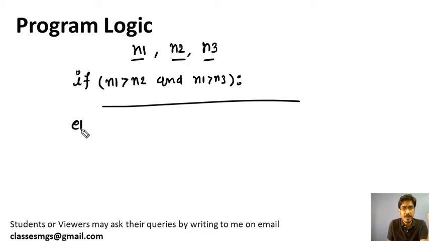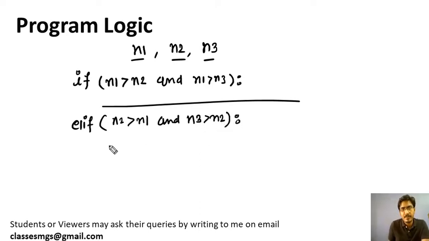Let's suppose the upper case was not true, then what will we do? We will compare n2. Let's suppose n1 is not the greatest number, then what might be possible? n2 might be the greatest number. So we will check n2. If n2 is greater than n1 and n3 is greater than n2, then we will say n2 is the greatest number.